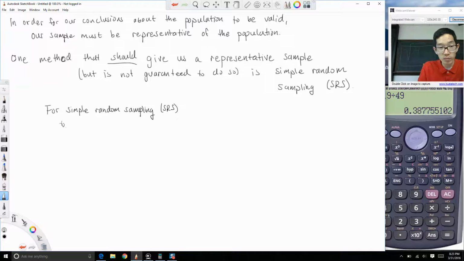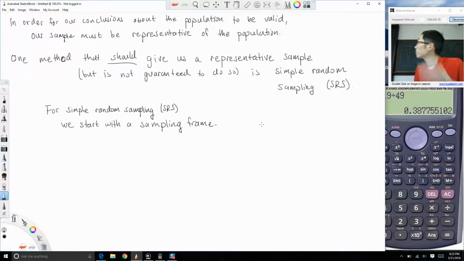we start with a sampling frame. Okay, and the sampling frame is ideally a list of every person or everything in the population.